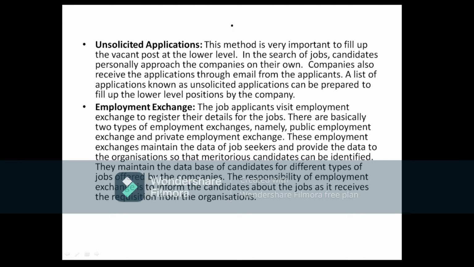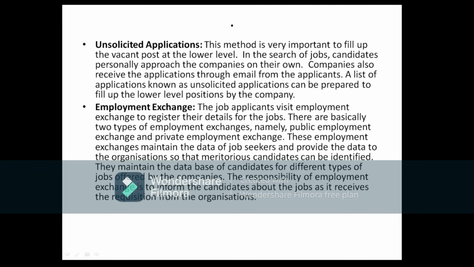Sometimes the company advertises the vacancies, and suppose the company has mentioned in the advertisement that the company requires a person having 5 years experience in marketing and a specialization in marketing. Suppose a candidate having 4 years experience also applies. At that time the candidate is not suitable for the company, not fulfilling the requirements.